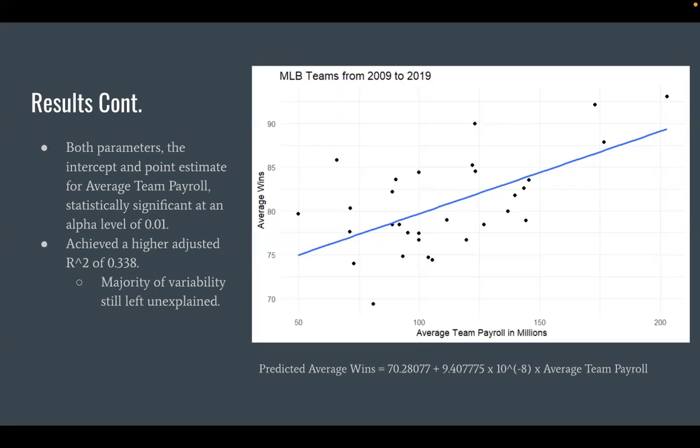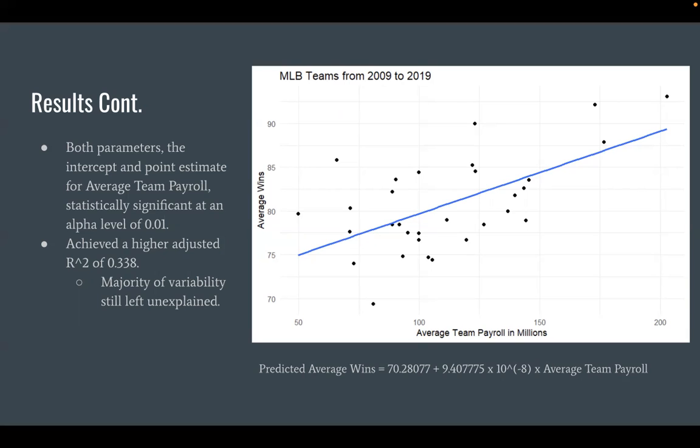This next graph is similar to the last one. On the y-axis, you can see average wins for each MLB team, and on the x-axis, you can see average payroll in millions.